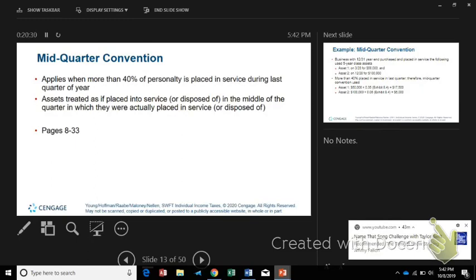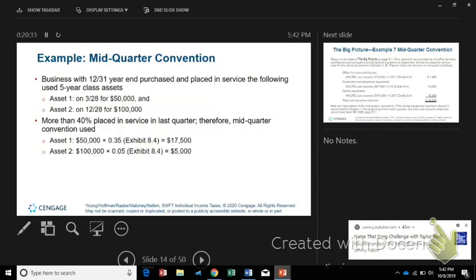All right, so what I'm going to do now is give you a couple of examples. So if I had an asset that I put in place on 3/28 for $50,000, and I had another asset on 12/28 for $100,000, and they're both 5-year assets.